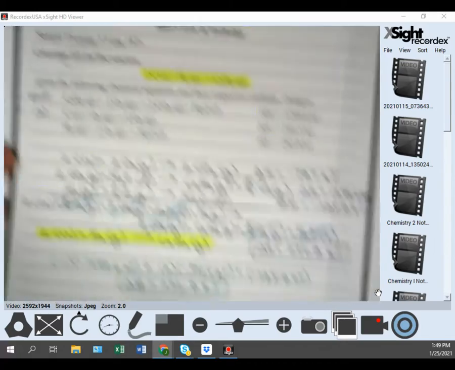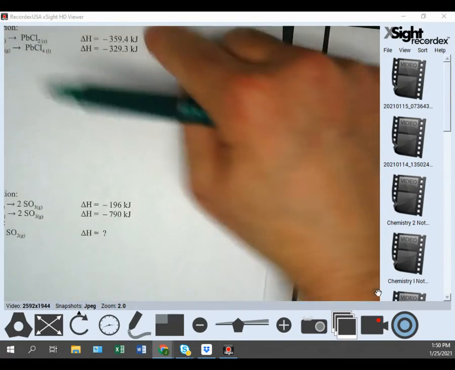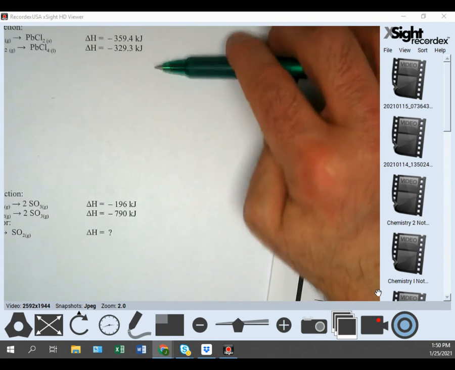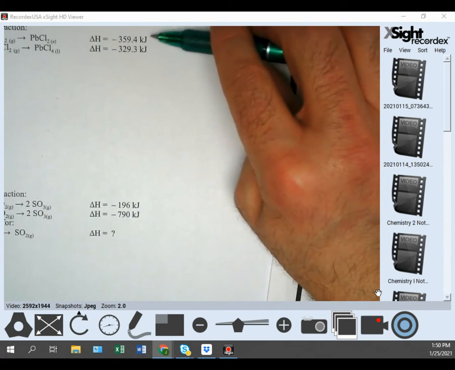And I need to see this like this. So like you could do it off to the side over here by the delta H. You could like flip and whatever you want to do, that's fine. But I need to see that part of it, okay?